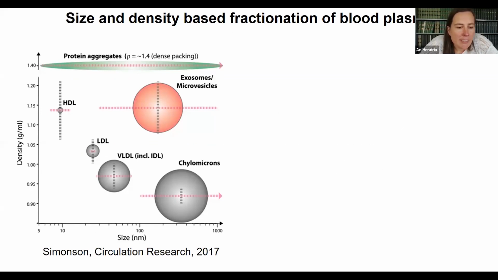This is a very nice schedule that was published by Simonson in 2017 that really maps how extracellular vesicles overlap partially in size and density with different other types of extracellular particles.